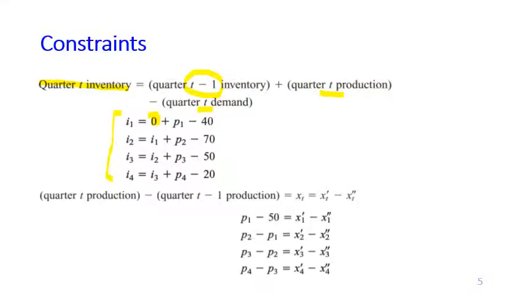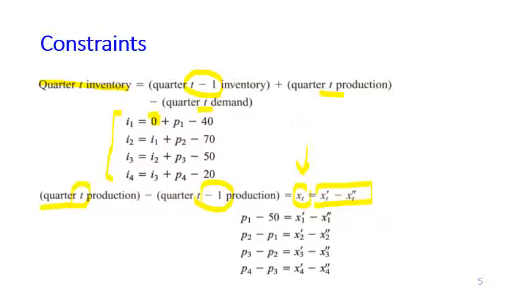The second constraint is to define the difference between the production in this quarter and the production of the previous quarter. Remember that we define the difference with xt. So xt is the production in this quarter minus the production of the previous quarter. But because the difference can be positive or negative, remember that we will replace this kind of URS variable with 2 other variables using this relation, xt prime minus xt double prime.